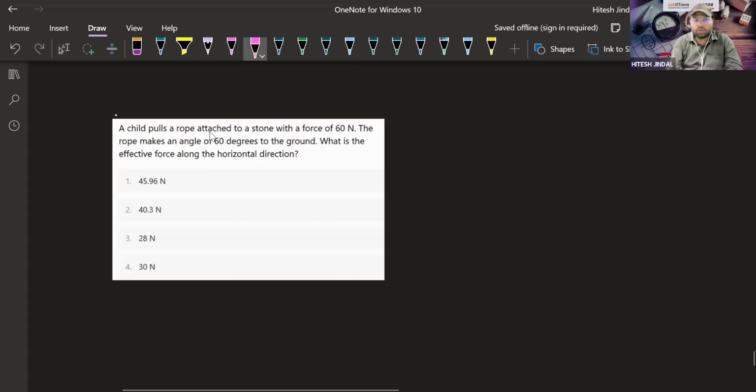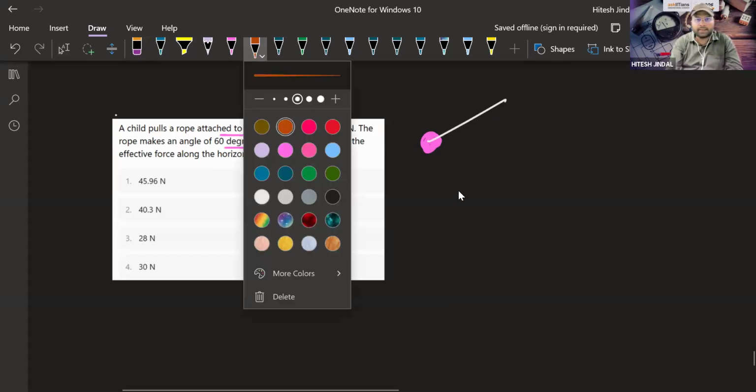A child pulls a rope attached to a stone with a force of 60 Newton. The rope makes an angle of this, right? So there is a stone here, let's say, and this is the rope, and the force is being applied like this.